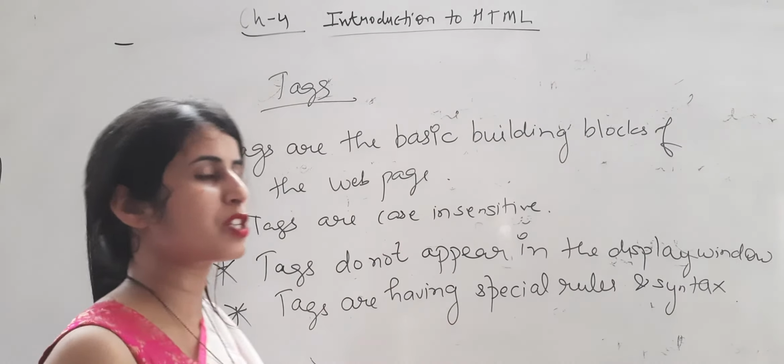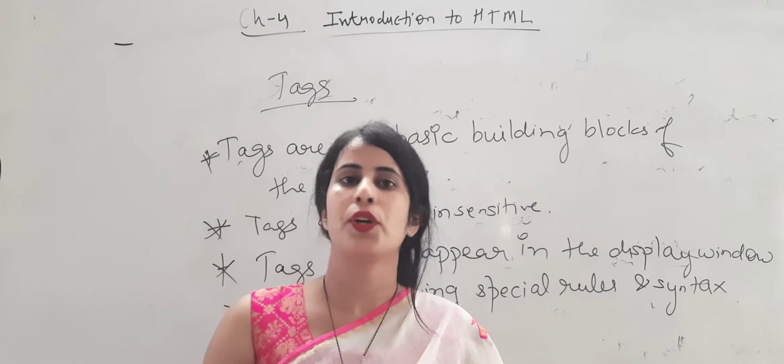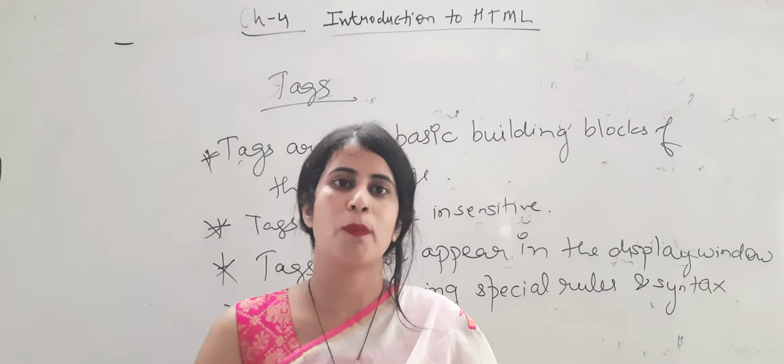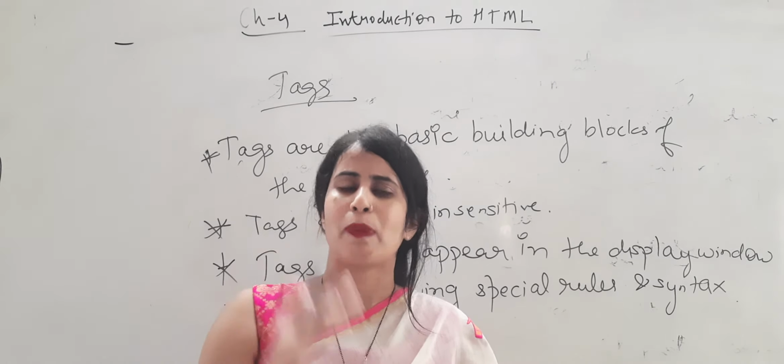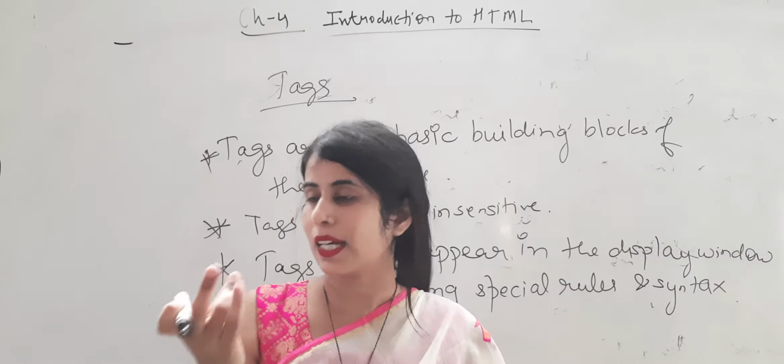What are these special rules and syntax? As in grammar we have different rules and syntax for every sentence, interrogative, negative, past indefinite, past continuous, present indefinite, in the same way here tags also have special rules and syntax. What are these special rules and syntax?